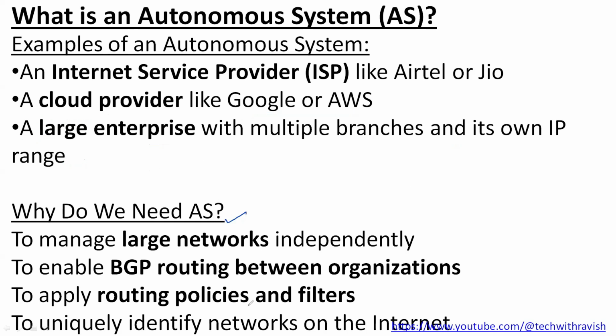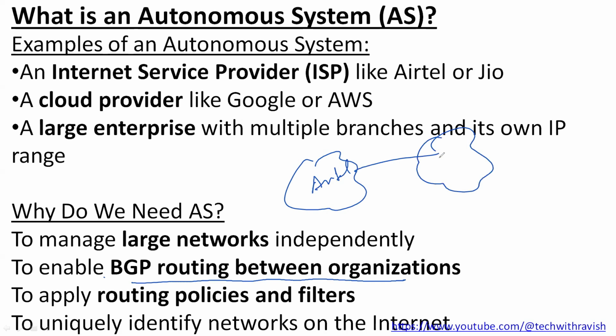Why do we need the autonomous system number? As we told you, large networks can be managed independently after the autonomous system number. They become a separate entity and can be easily managed. That's why AS was introduced: to enable BGP routing between different organizations. That means if Airtel wants to communicate with Jio, they can communicate with the help of an autonomous system number.